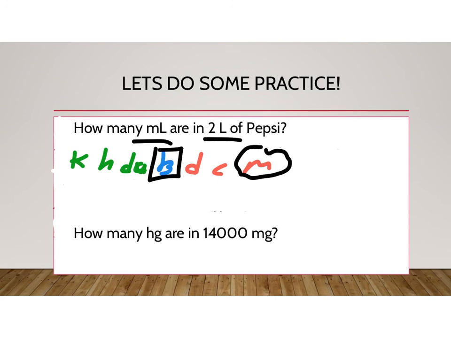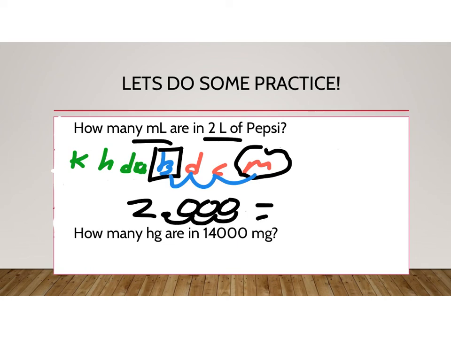So I'm going to be moving 1, 2, 3. I would be multiplying by 10 each time, but I can do that very simply with my 2. My decimal's there, I have some zeros after it, and I'm going to move it 1, 2, 3. That means that my 2 liters is going to be equal to 2,000 milliliters.